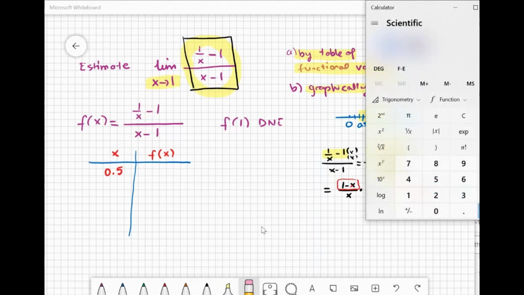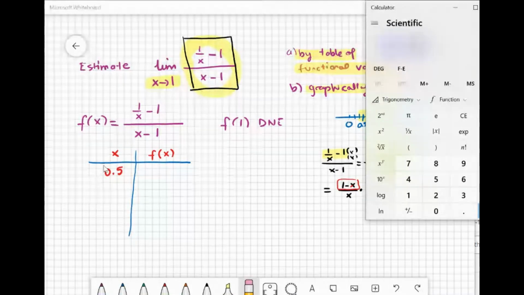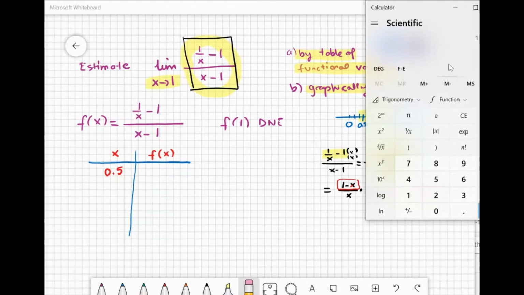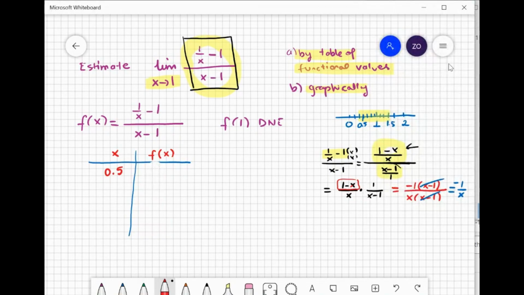Okay, so the function is negative 1 over x, right? So I'm just going to be using the 1 over x function, and we can put a minus when we find the result. So our first x value we chose was 0.5. So 1 over 0.5 will be 2.